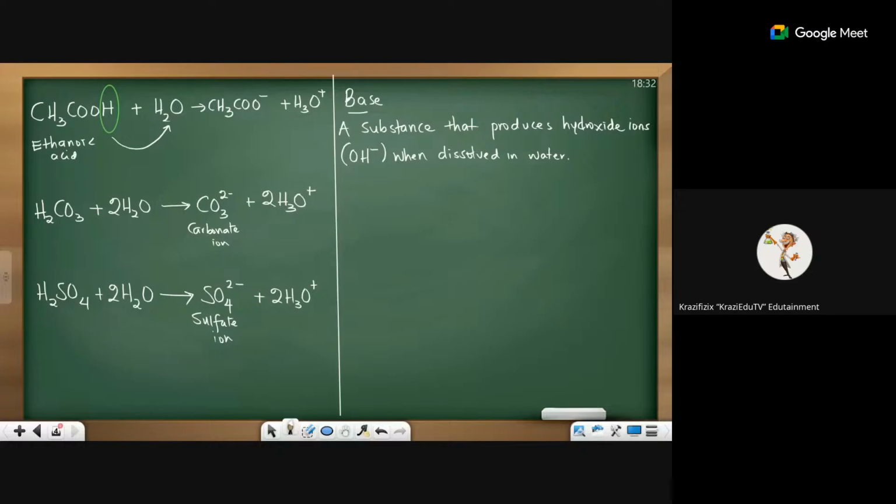Something that produces hydroxide ions, so OH minus. Now, a footnote. The ions are going to be hydrated. The ions are hydrated. What does it mean? Surrounded by water molecules.